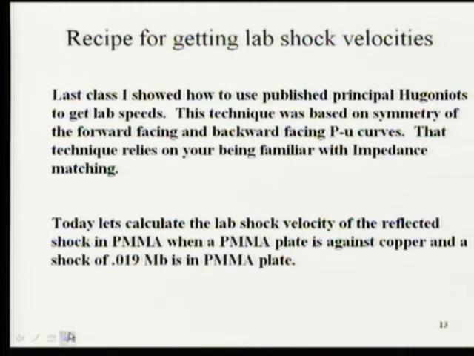And so we want to calculate the lab shock velocity of a reflected shock in PMMA when a PMMA plate is against a copper and a shock of 0.019 megabars in the PMMA plate.